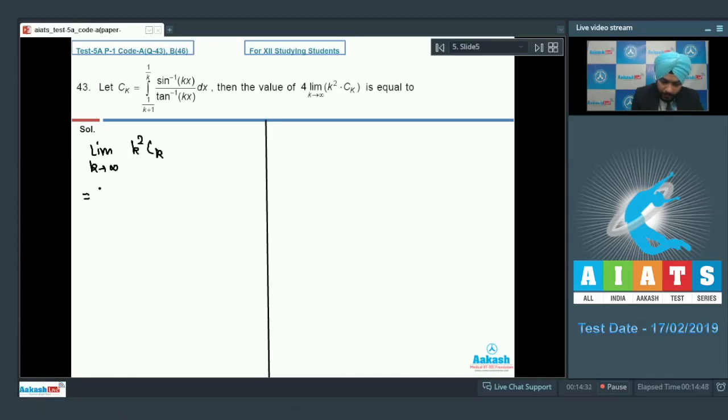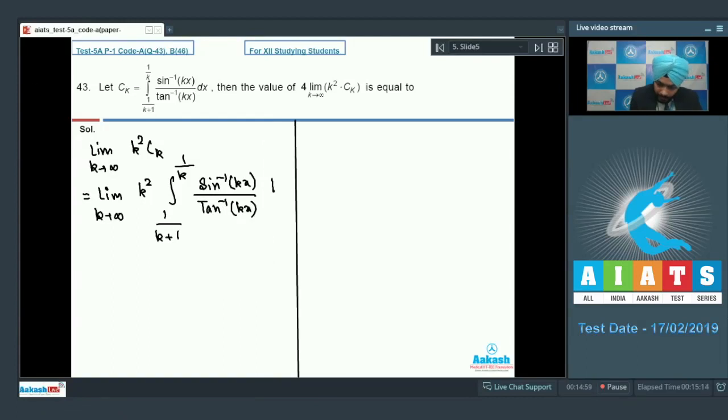The value will be limit k tends to infinity k square into the integral from 1 upon k plus 1 to 1 upon k of sin inverse kx upon tan inverse kx dx. So students, let us substitute kx as t. Put kx as t, which will give you dx as dt upon k.